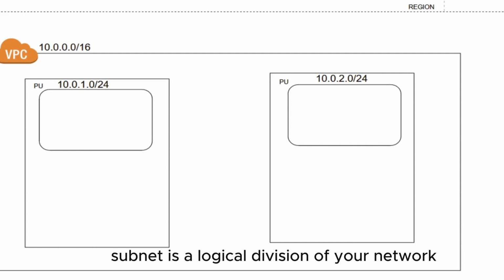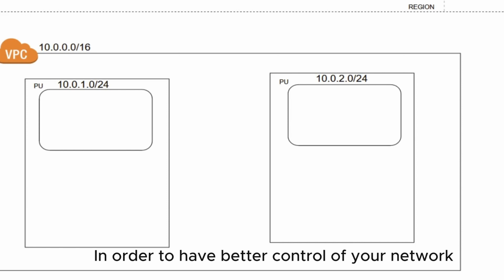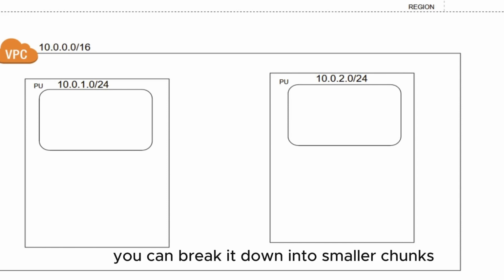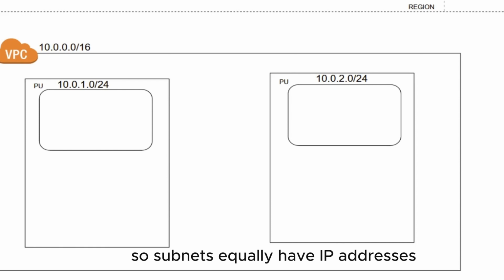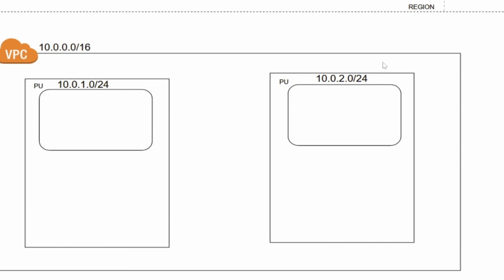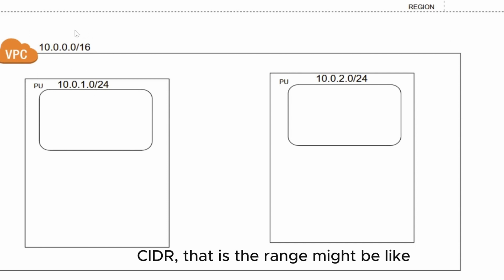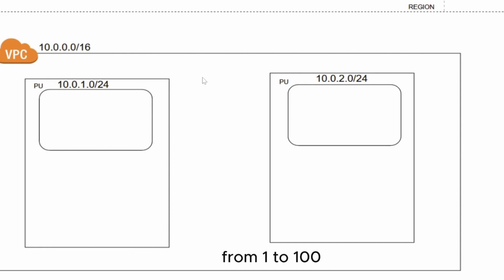We have what we call a subnet. A subnet is a logical division of your network. In order to have better control of your network, you can break it down into smaller chunks. So subnets equally have IP addresses. Now, for example, the VPC CIDR, that is the range, might be from 1 to 100.